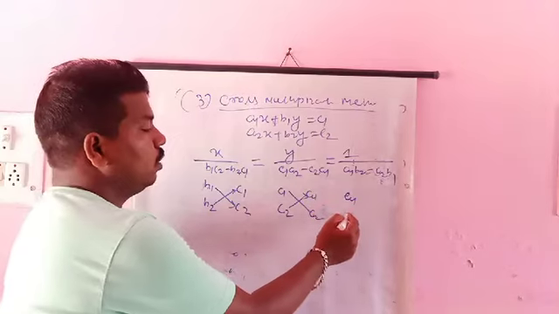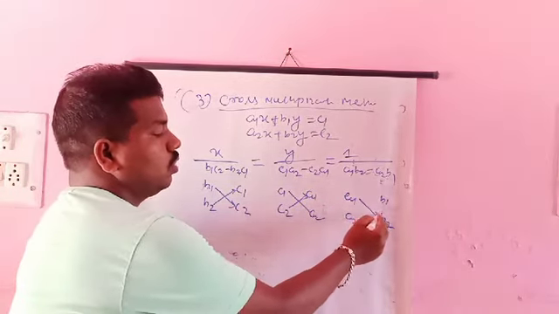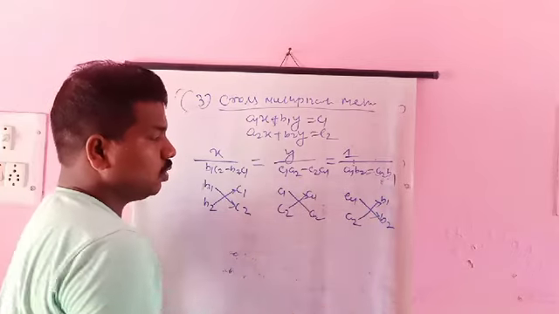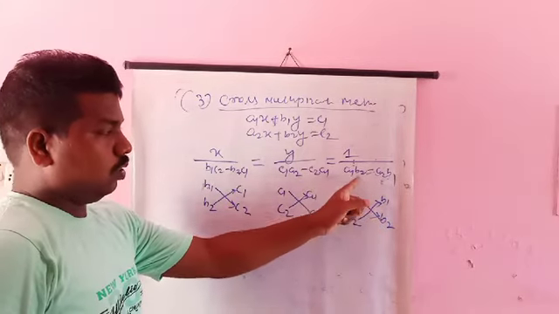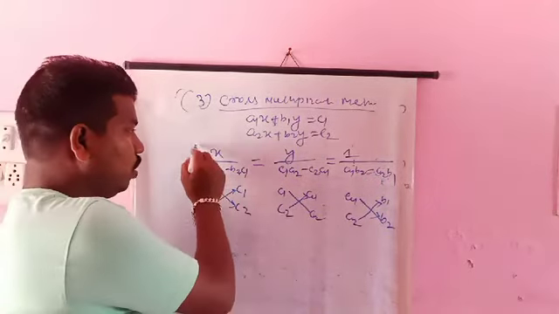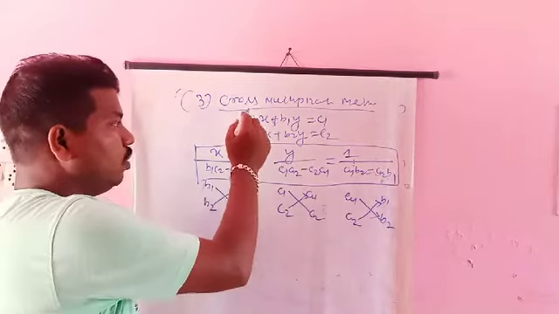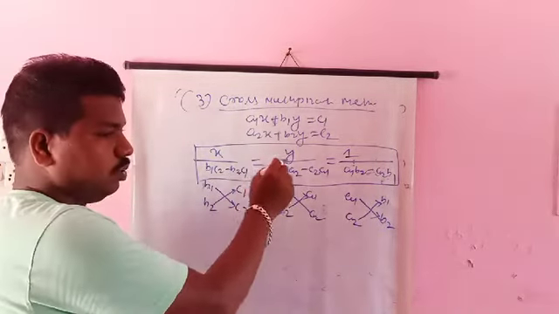Similarly, a1 a2 and b1 b2, cross multiplication gives a1 b2 minus a2 b1. So this is the method for finding the solution of a pair of linear equations in the cross multiplication method.